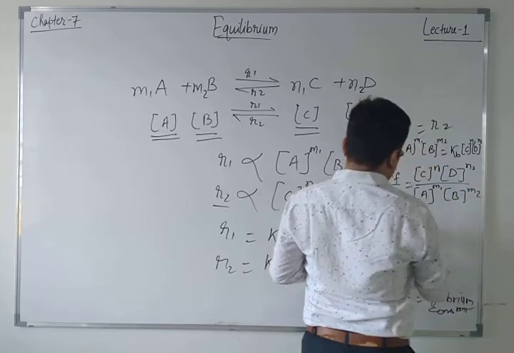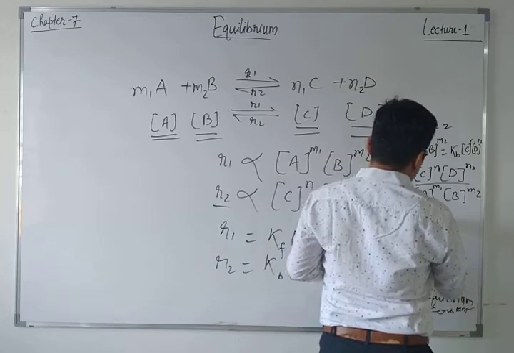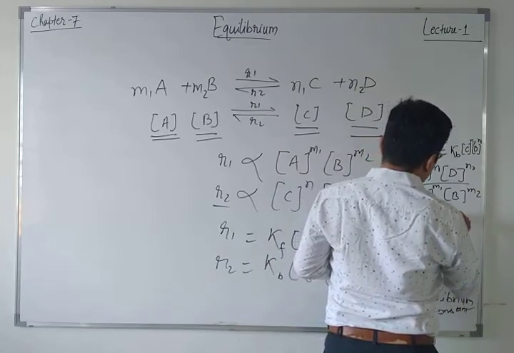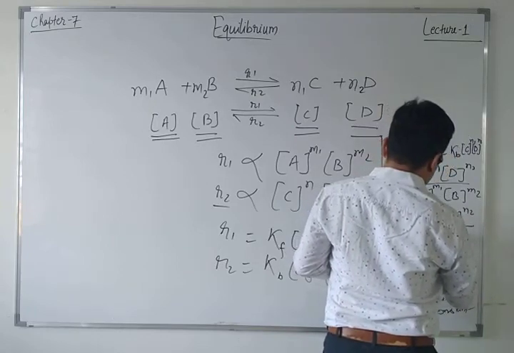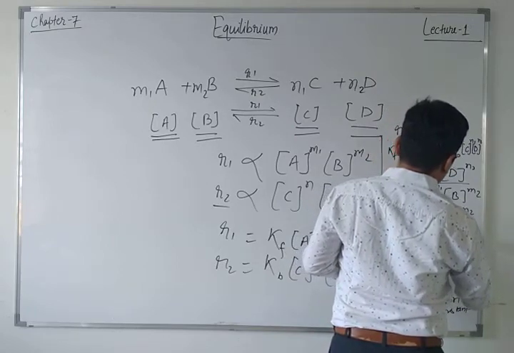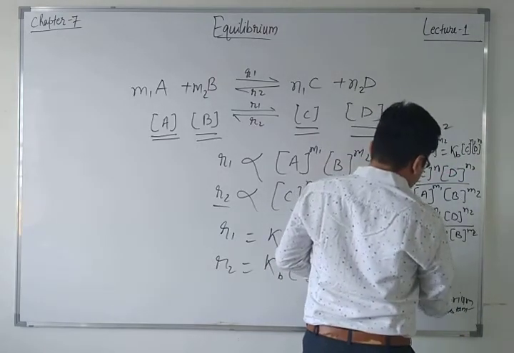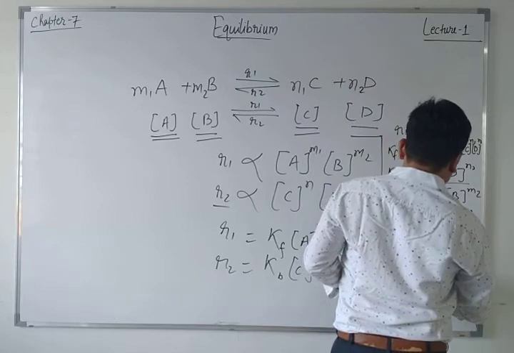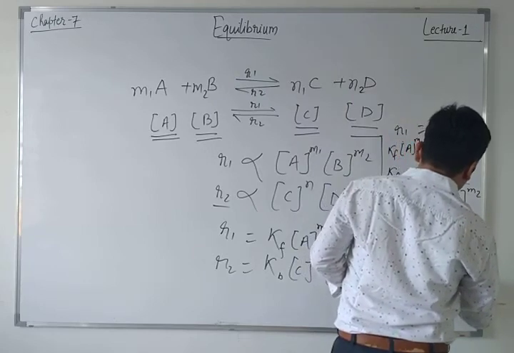See, Kf, the forward direction, upon Kb, the backward direction. So here the concentration of the product upon the concentration of the reactant. So here you can see that the equilibrium constant is the ratio of the forward and backward direction constants.